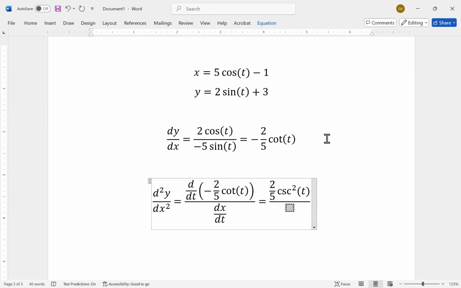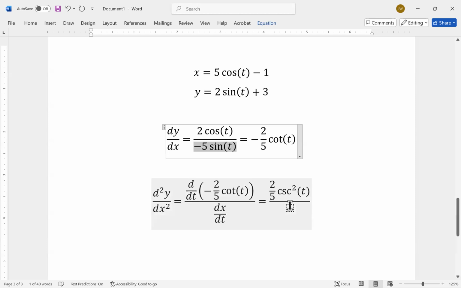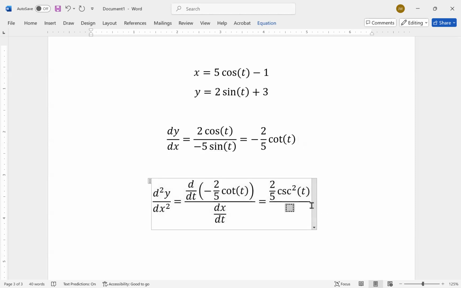Derivative of x with respect to t is the same derivative of x with respect to t I had above. That's -5 times the sine of t. Remember, cosecant is 1 over sine. So actually, if I multiply it by the reciprocal of sine, I get cosecant to the third.